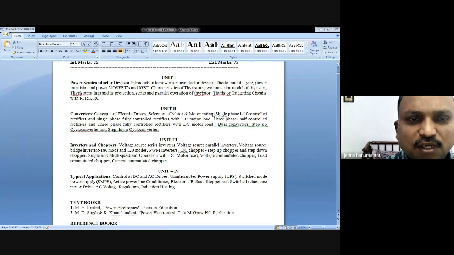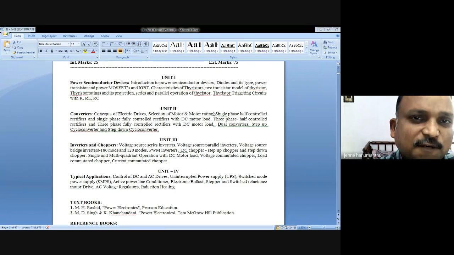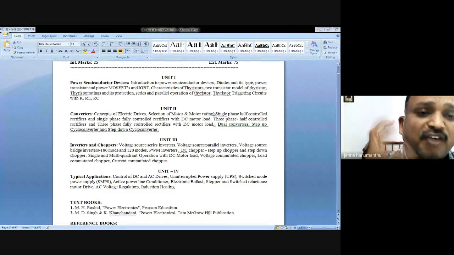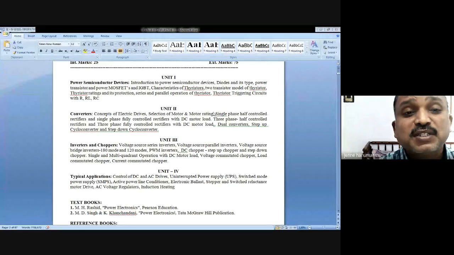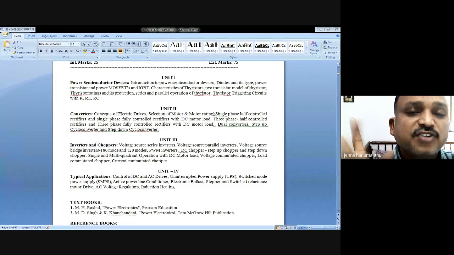As you remember, this subject is very difficult to understand, because it includes more and more complex circuits, more and more complex waveforms, and apart from the diagrams and the waveforms, the analysis is also difficult.